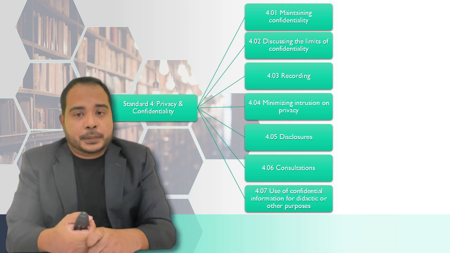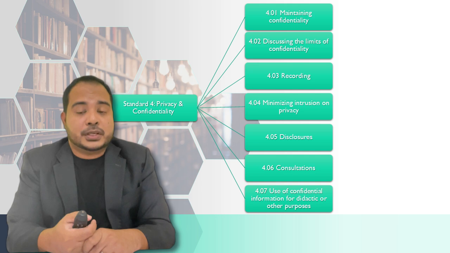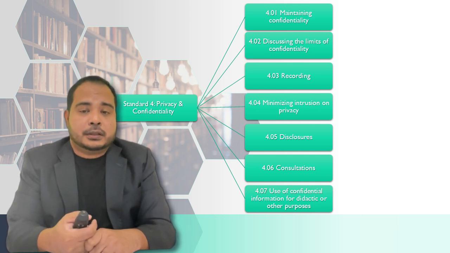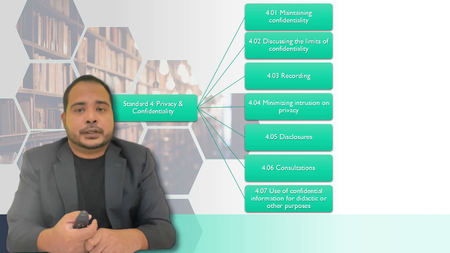In the second part, we discussed the limits of confidentiality. And then in part 3, we discussed the recording of video or images. And then we also discussed 4.04 on minimizing intrusions to privacy.